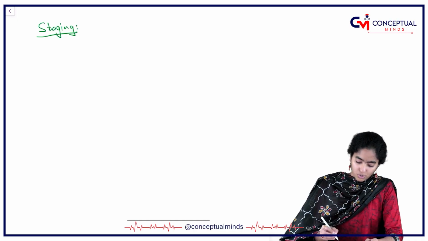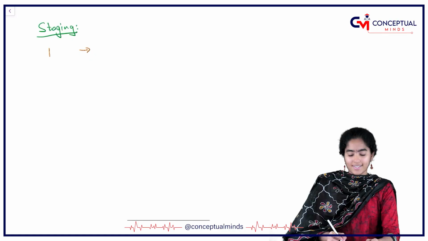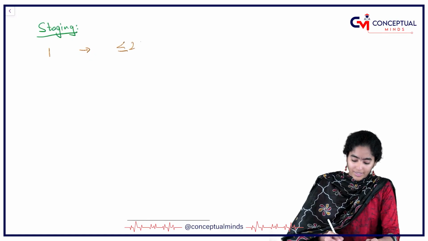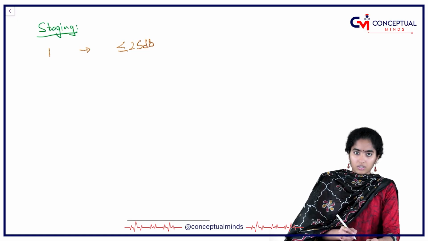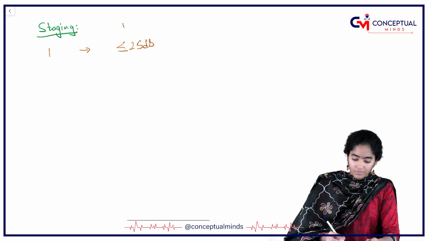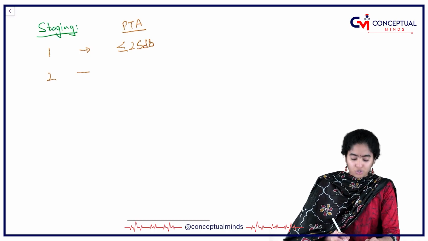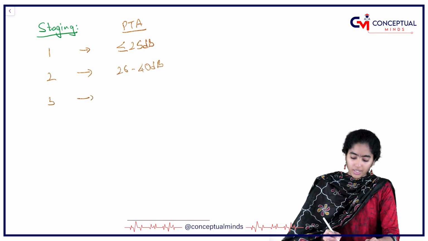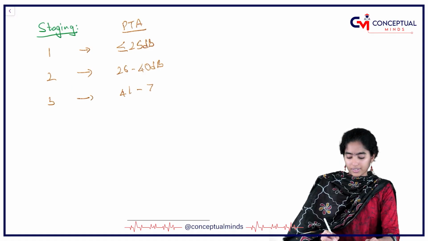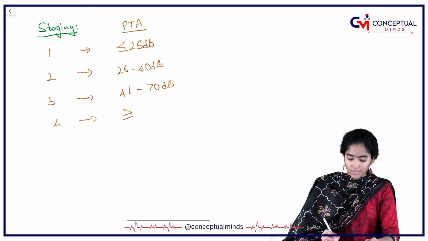Stage 1 is said to be present when the hearing loss is less than or equal to 25 decibels, the pure tone average. It is said to be in stage 2 when the loss is between 26 to 40 decibels. Stage 3 from 41 to 70 decibels, and after 70 decibels it is stage 4.